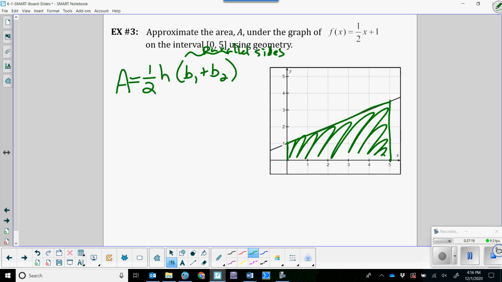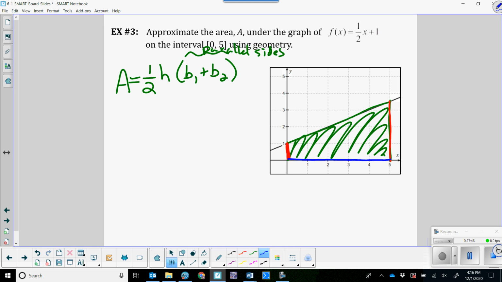So our trapezoid is technically sideways, because the bases would be this length and this length. The height would be right here, because it's flat. So the height of this would be 5. Base 1's length is 1, and base 2 we'll call 3.5, which is what it looks like.